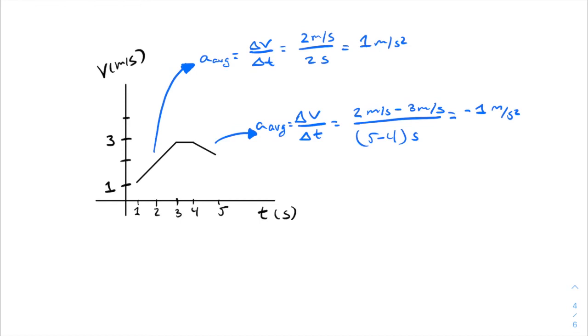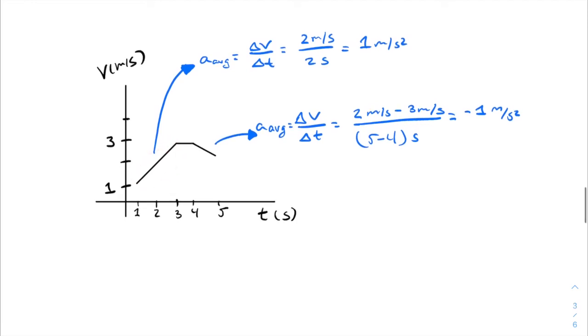Likewise, we can also find the average acceleration from a graph in which we have the velocity on the y-axis and the time on the x-axis. To find the average acceleration, we know that this is given by the difference in velocity divided by the difference in time.